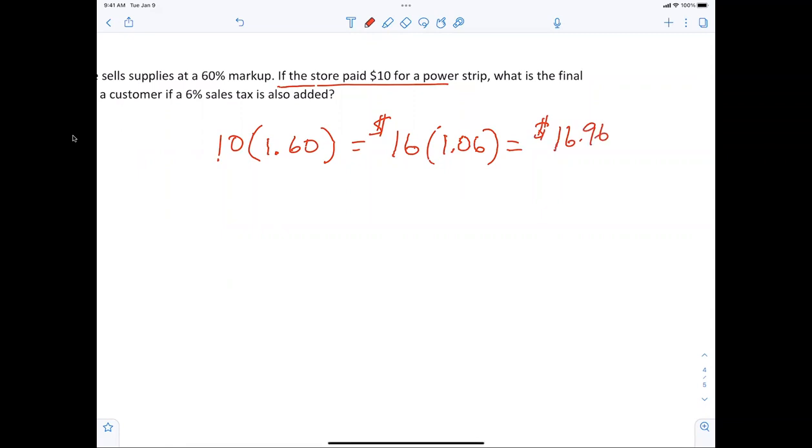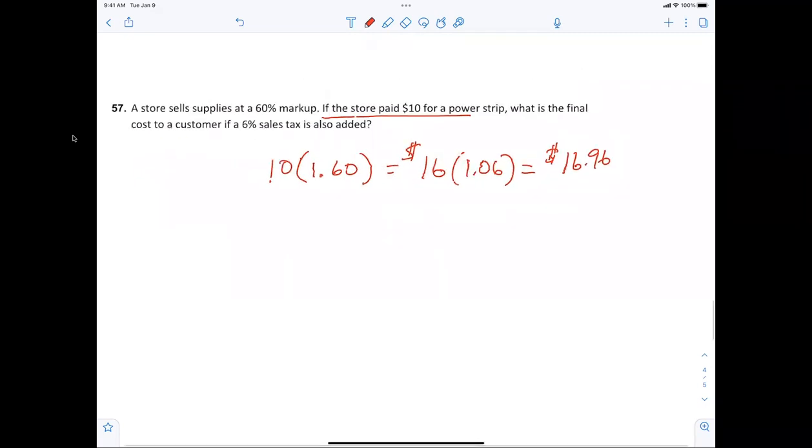All right. So I feel pretty good about that. What's the tax? So do you see I got 106 from that? 100% represents the computer or whatever they bought, right? And then you add the 6% tax.